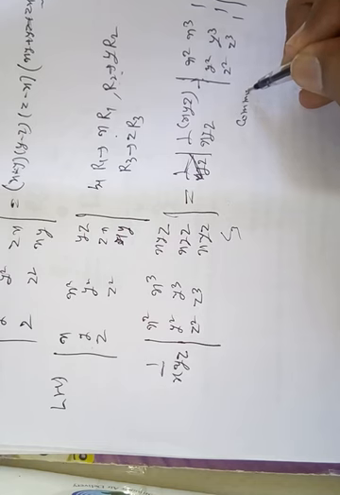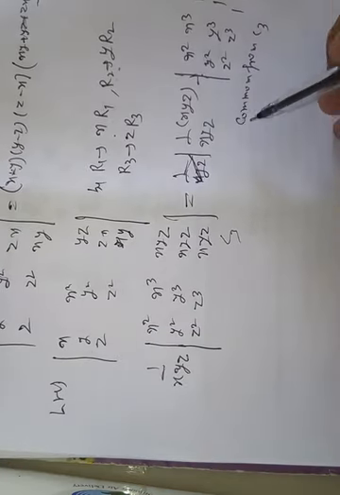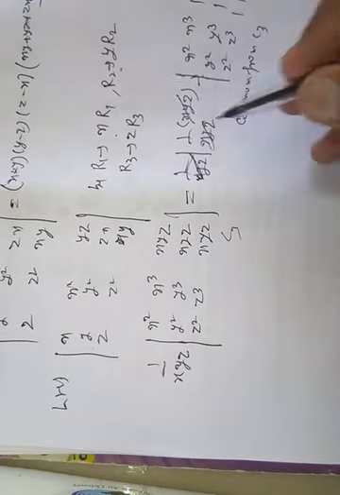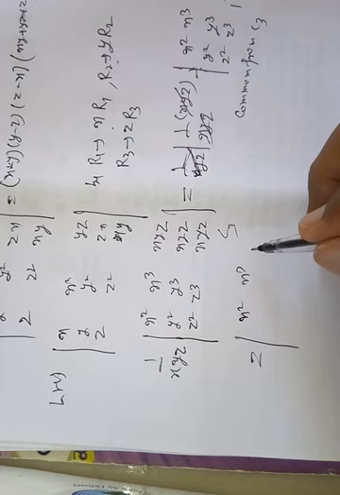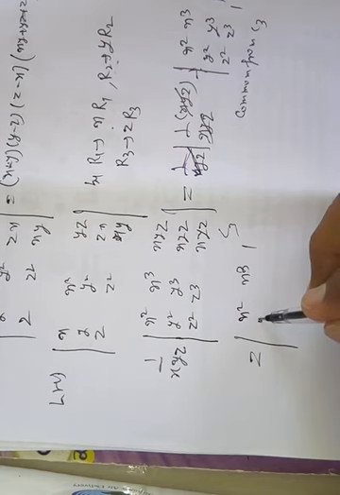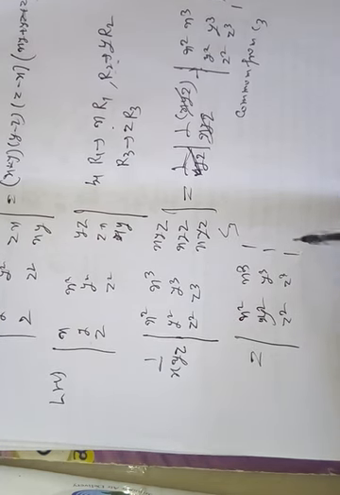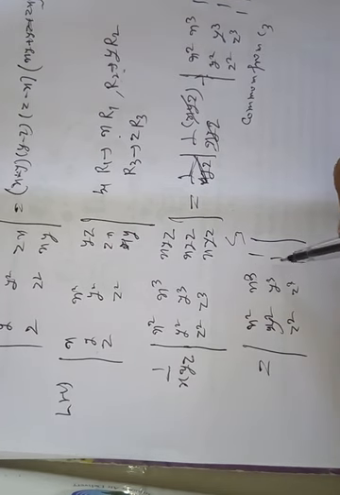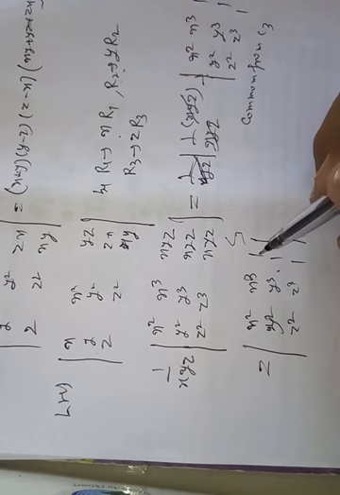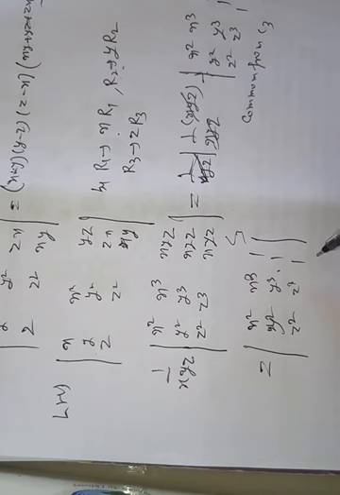Taking common from C3, xyz cancels. This changes to x square, x cube, 1; y square, y cube, 1; z square, z cube, 1. Now to find x minus y, use R1 minus R2, and R2 minus R3.